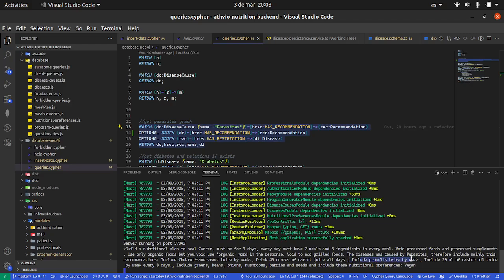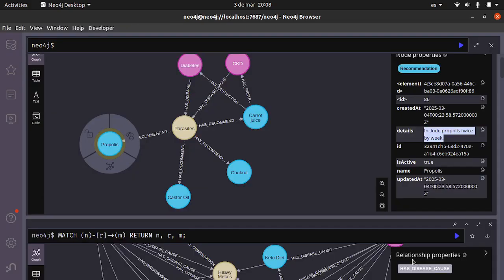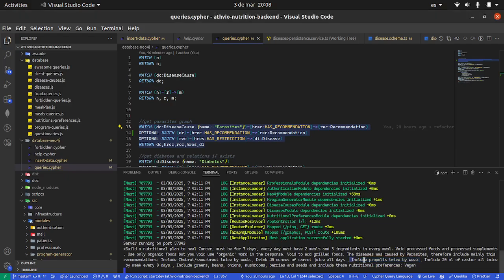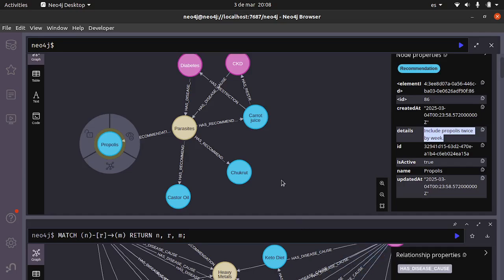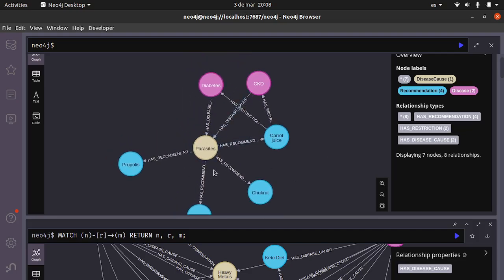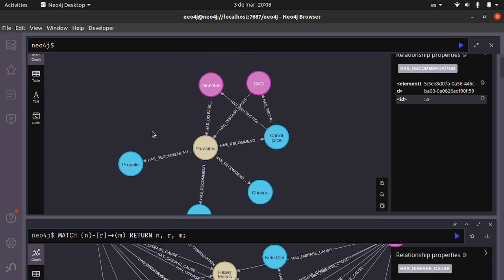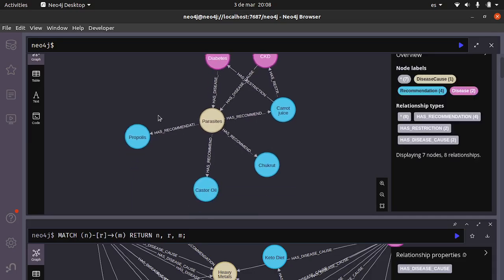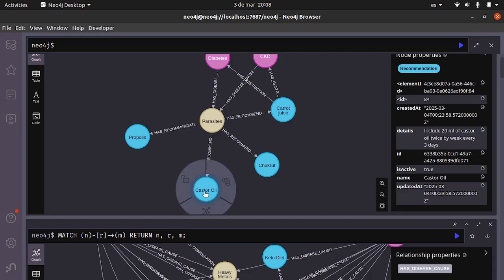Include propolis twice a week, but ChatGPT couldn't include this propolis in the nutritional program that I requested. But this is the design of the database that I am using to create a good prompt. For instance, also include castor oil. For me, it worked in an awesome way.